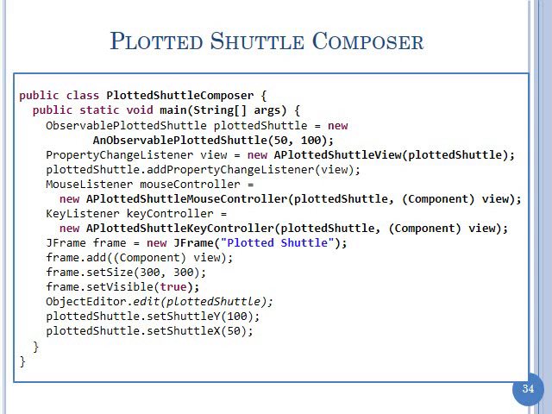So view is a component, and that should work even if you don't cast it as a component. No, but I went and stored this as a property change listener. Yes. Property change listener is not a component. Oh, there we go. Okay? And I don't know whether I followed my own rule or not to create a separate interface for the view. Okay, that has all of the implemented things, and I might not have.